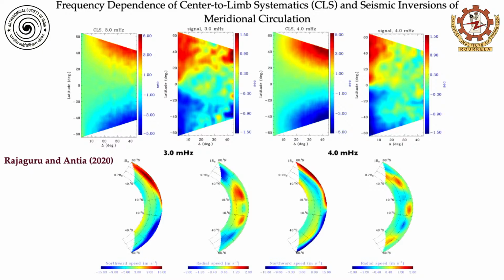So this points to a major problem: the way you account for the systematics in your measurements is really affecting your inferences of the real circulation which you are after. So this problem is still not settled. There is a currently ongoing international collaboration, mostly with the GONG team and the Stanford team, trying to figure out how really to address this problem.